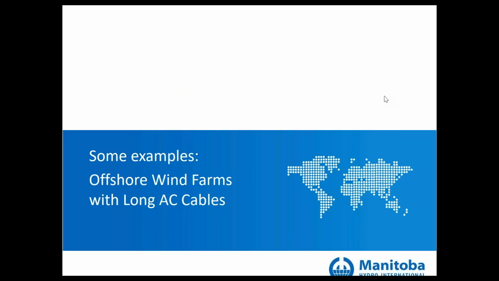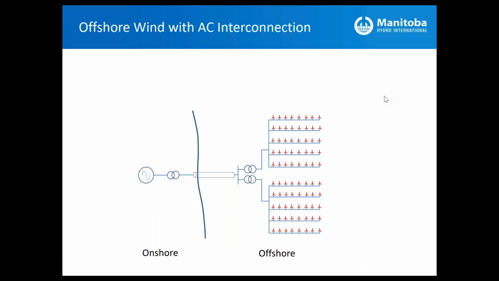So the first set of examples I'm going to show you are from offshore wind farms with long AC cable interconnections. Darshan earlier showed you a basic scheme of onshore to offshore interconnection over AC cables.